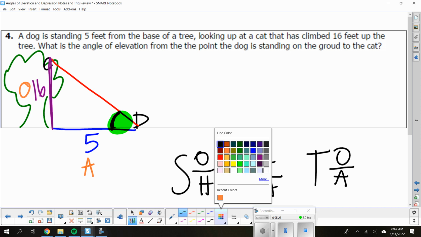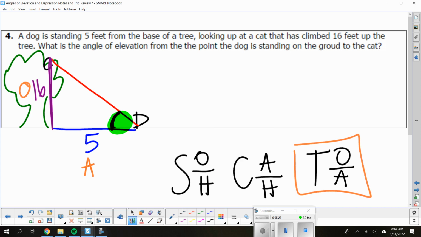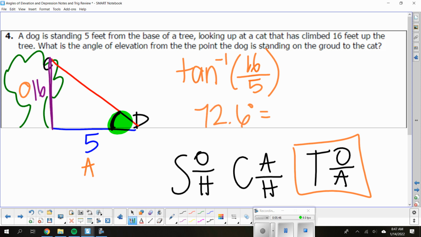So I am looking to use my tangent function. Since it's the angle, we're going to use the inverse. So tan inverse of opposite, which is 16, over adjacent, which is 5. Type that in, make sure you push second tan, and you're going to get the angle to be 72.6 degrees for that angle of elevation from the dog to the cat.